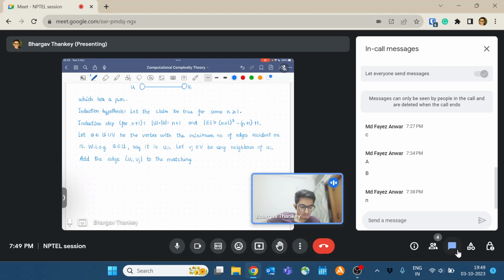Now Ui and Vj have already been matched. So what we are going to do is remove Ui and Vj from the graph. If that graph has a perfect matching, just adding Ui comma Vj to that perfect matching would give us a perfect matching for this graph. So are you convinced about this argument, that if the residual graph, the one obtained after removing Ui and Vj, has a perfect matching, then our complete graph would have a perfect matching?